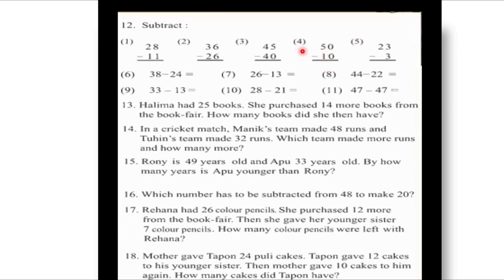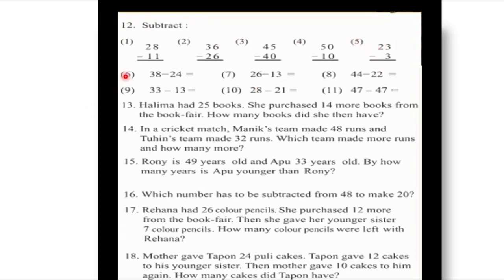So the answer of question number 4 will be 40. If we see question number 5, 23 minus 3 is equal to what? On our right hand side, 3 minus 3 is equal to 0, and then there is nothing, so the answer of this line will be just 2. So the whole answer of question number 5 will be 20.